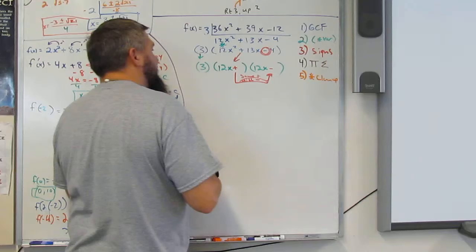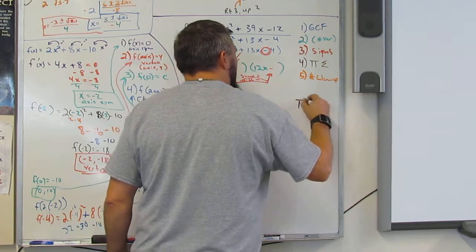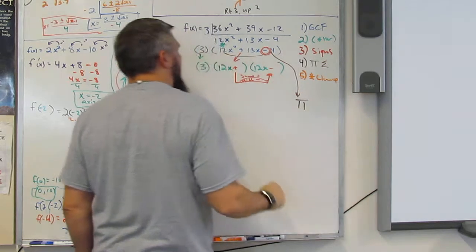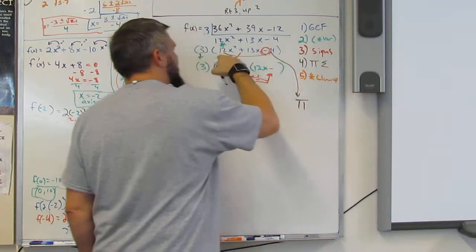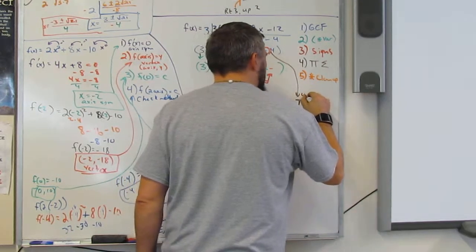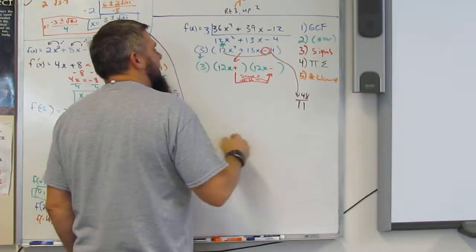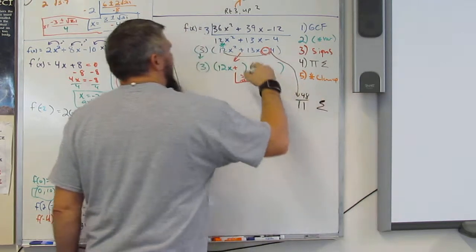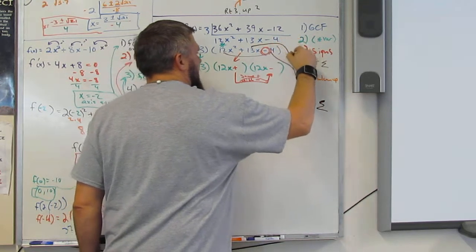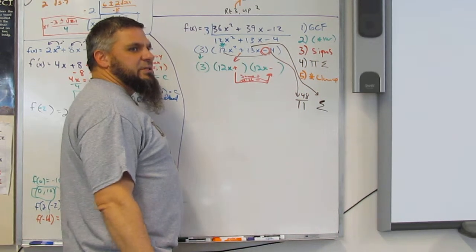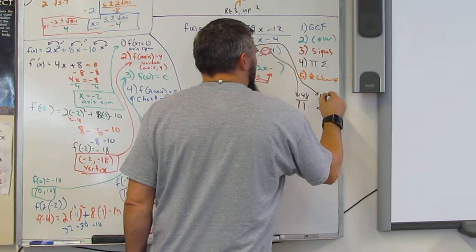Product and sum. Alright, my product is the first times the last. That's 12 times 4, which is 48. My sum is the middle number. The middle number is the sum, and so that's 13.